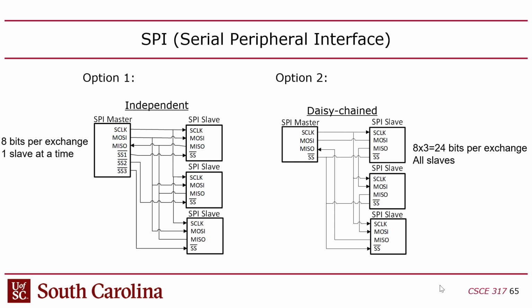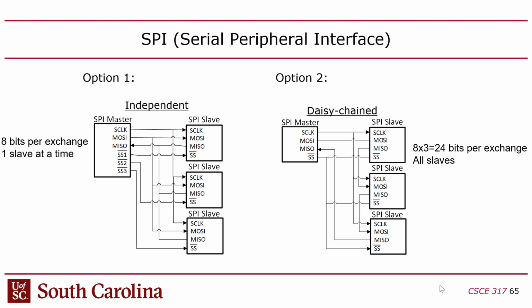And then the MOSI and the MISO are going to be fanned out, right? So the MOSI is connected to the MOSI on all the slaves, and the MISO of all the slaves are all fanned in to the MISO, right? Now that is dangerous though, because that opens the potential for those slaves to double drive.